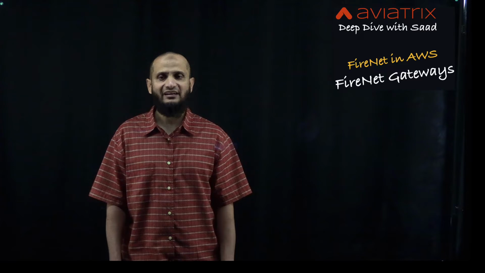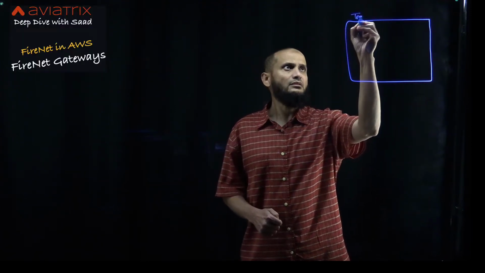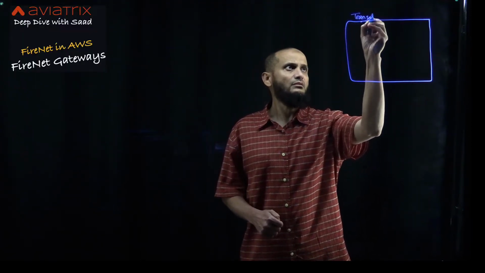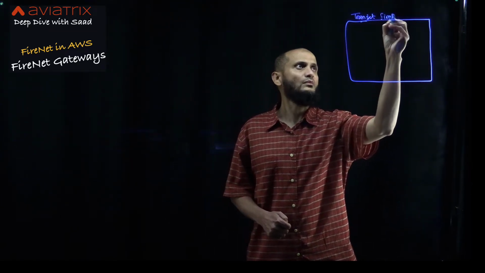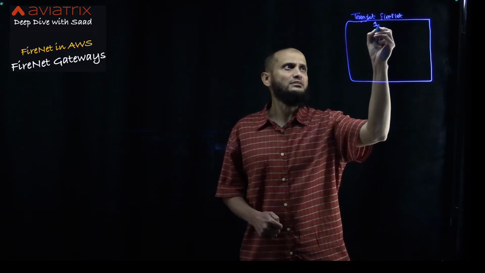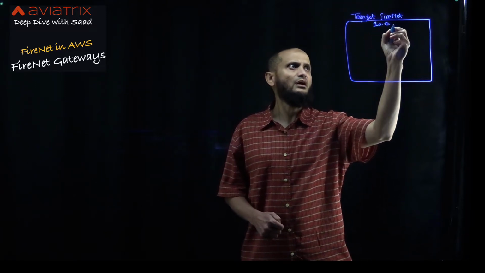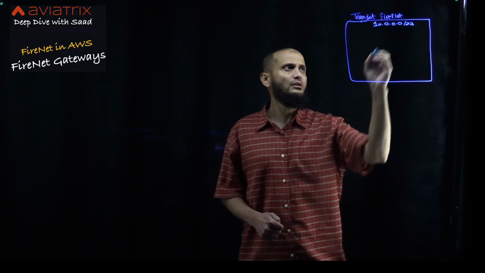There are two transit FireNet gateways in different availability zones for resiliency. Let's draw it out. This is a transit FireNet VPC. Let's say its CIDR is 10.0.0.0/23.